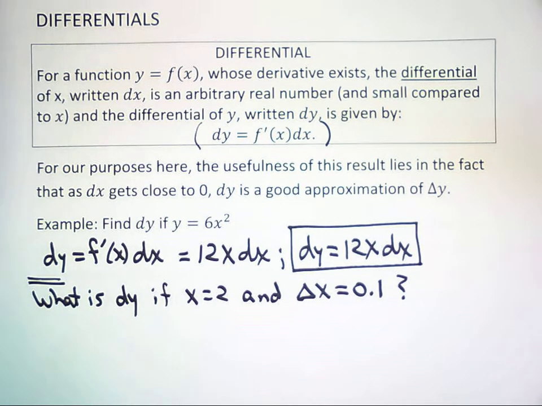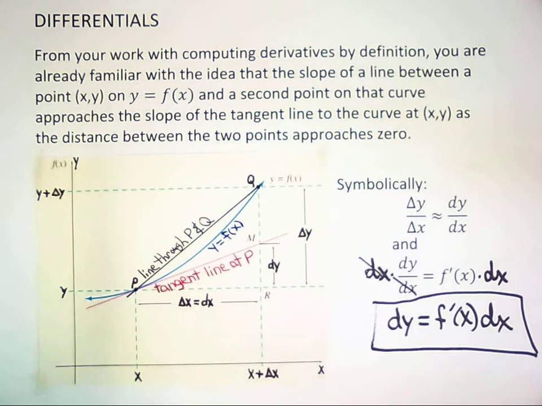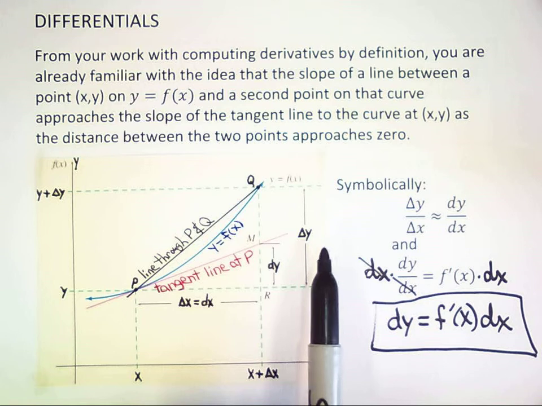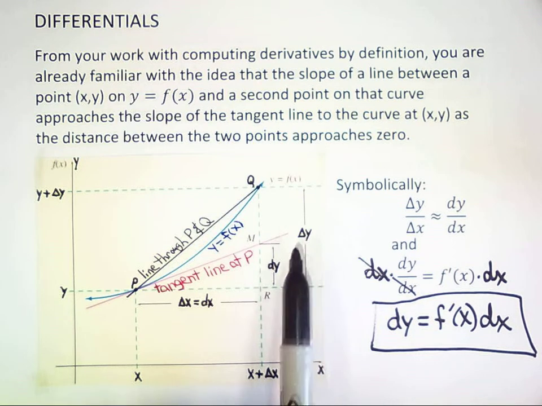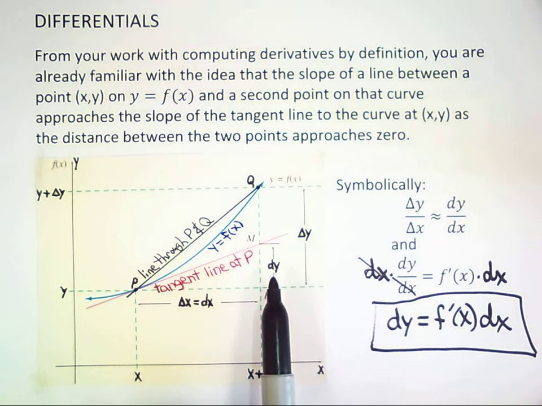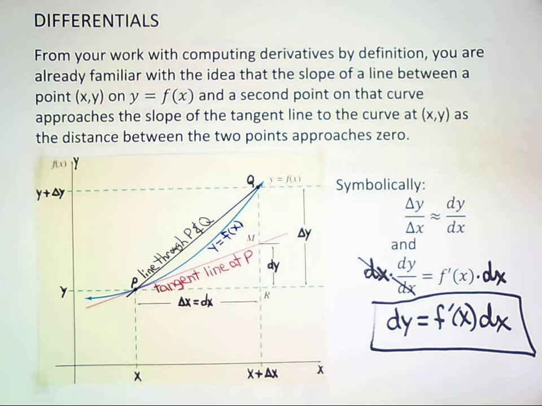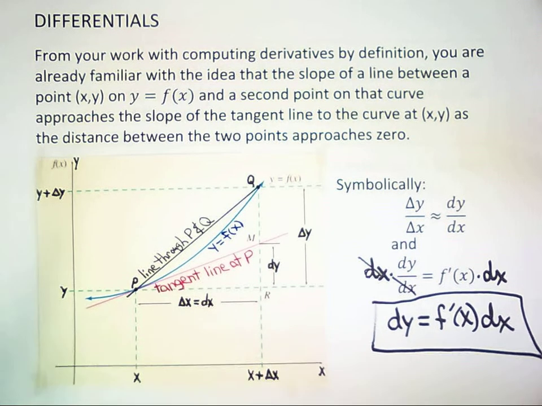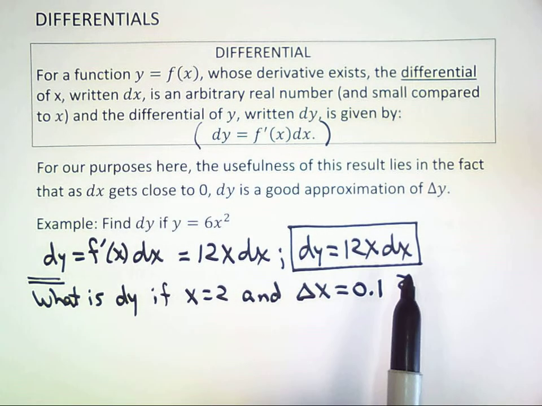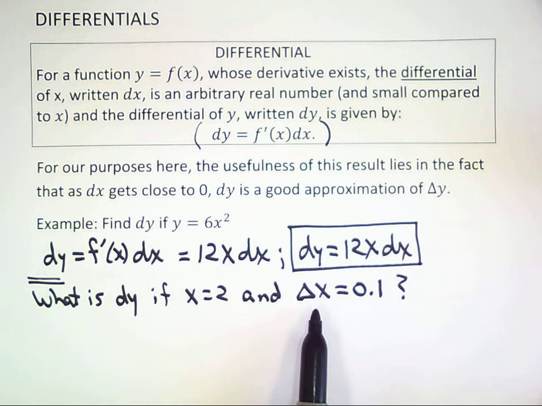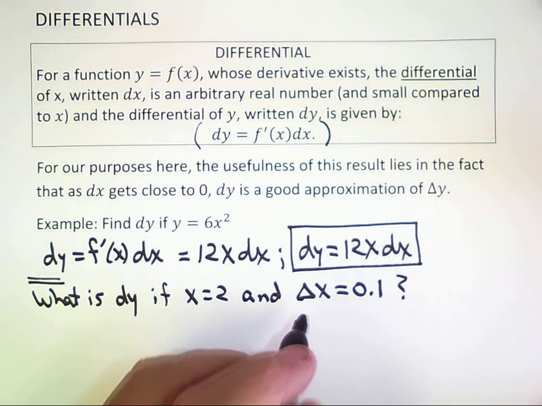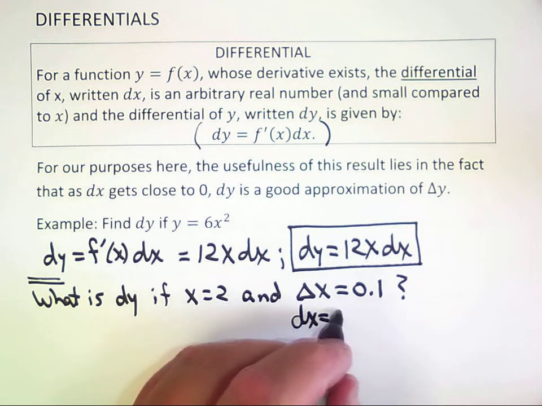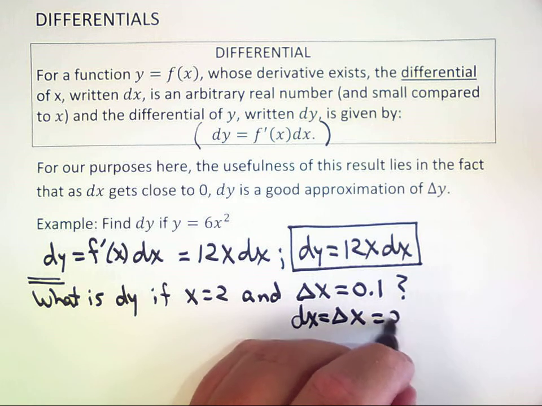So again, going all the way back to the original diagram, dy and delta y are close but not equal, as long as p and q are distinct points and p and q are close. But delta x and dx are the same thing all the time. So the fact that I've got a dx up here and a delta x down here doesn't really matter, because what I know is that dx is the same thing as delta x.